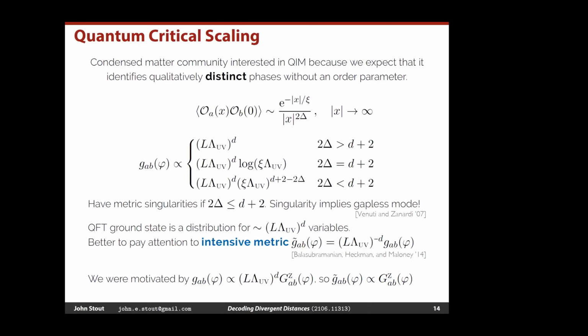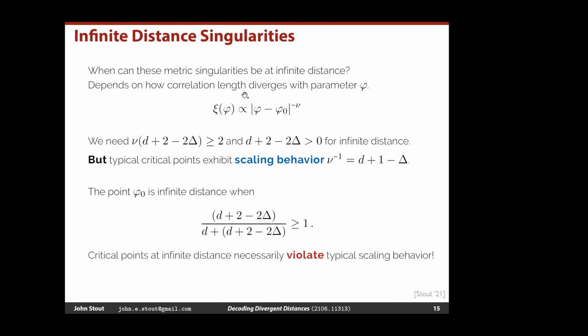As Irene was asking, there's a very natural and good question to ask, which is: do I ever get an infinite distance singularity out of this quantum critical behavior? And what that depends on is how the correlation length depends on the parameters in your theory, how the correlation length diverges as I approach this critical point. And that's governed by the critical exponent nu, the correlation length critical exponent.